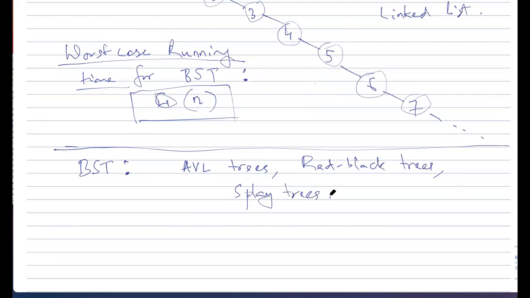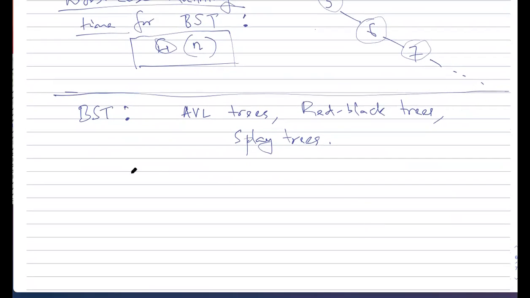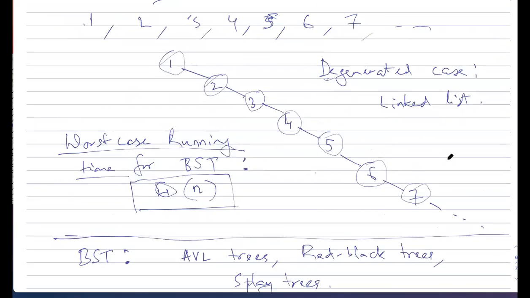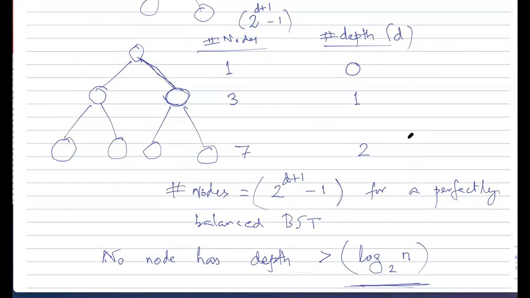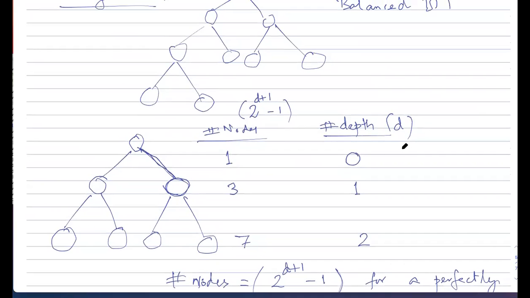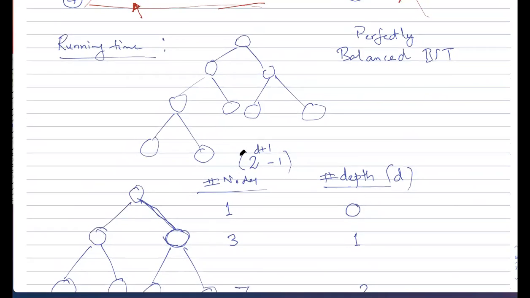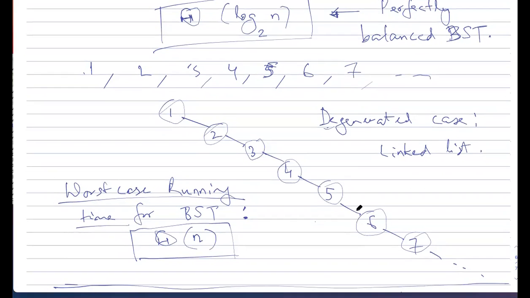These are all different varieties of data structures based on binary search trees, but they try to maintain the balanced property, because the key to getting a very efficient running time for all these operations is to produce this kind of structure and not degenerate into this linked list sort of structure.